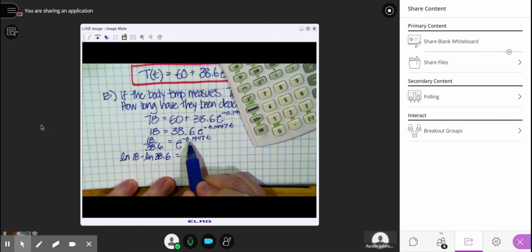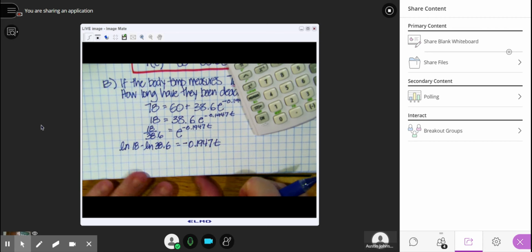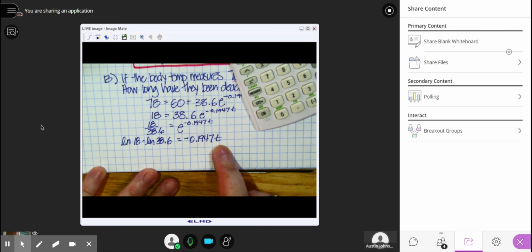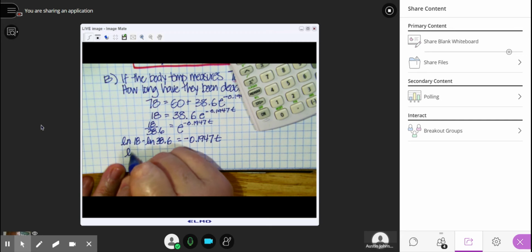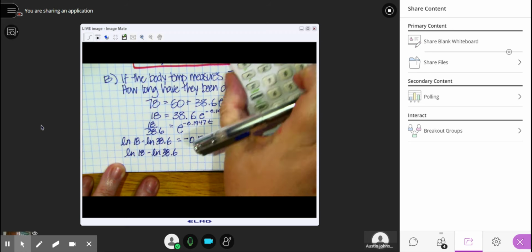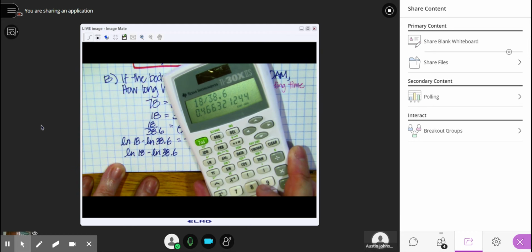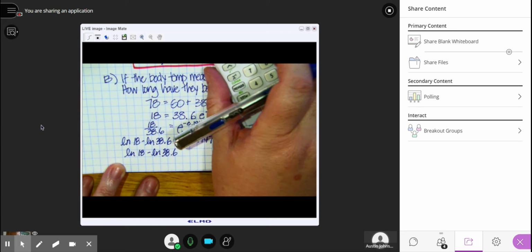And then when I take the natural log of this side, the e will cancel, and this negative 0.1947t will come down. That means when I type this into my calculator, I'll get a more exact answer than trying to type in the natural log of all of this junk. I don't have to save that long decimal.